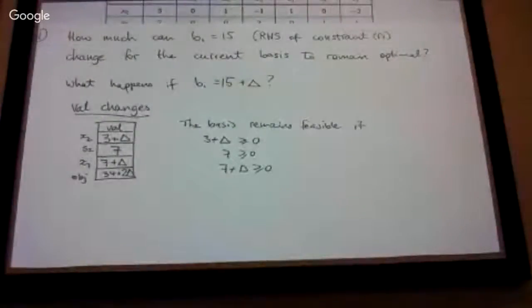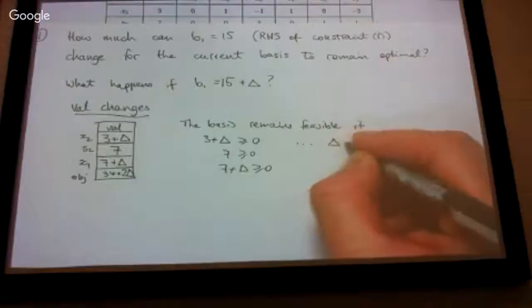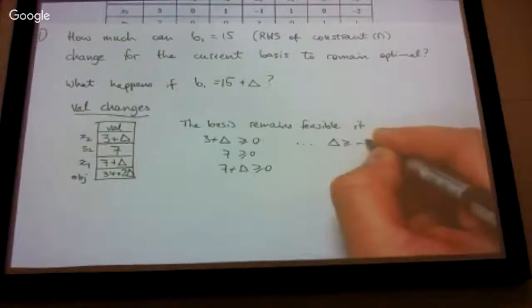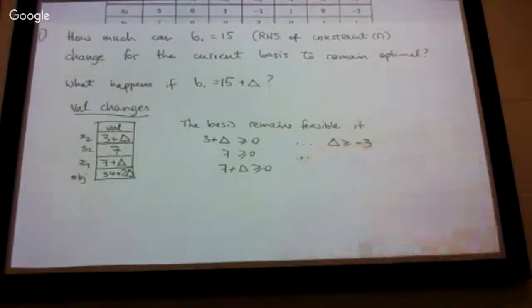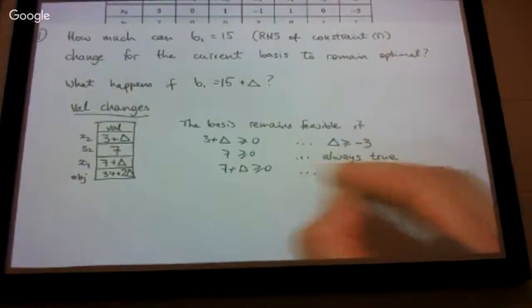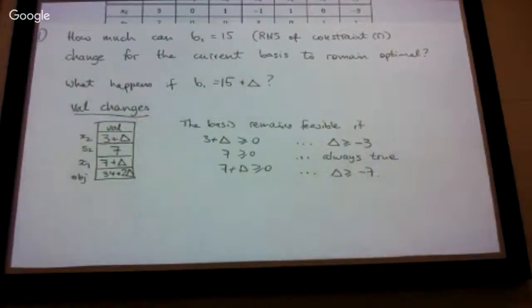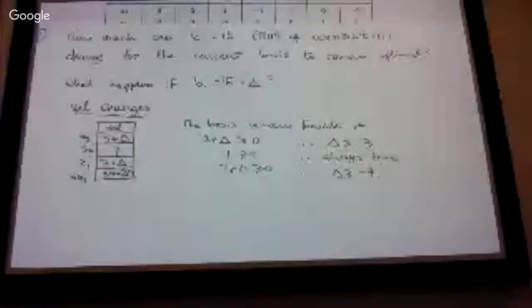So this means that delta has to be greater than or equal to -3. This doesn't mean anything for delta, because that's always true. And this means that delta has to be greater than or equal to -7. So we've got these two conditions, and they both have to be satisfied, and they're satisfied exactly when delta is at least -3.